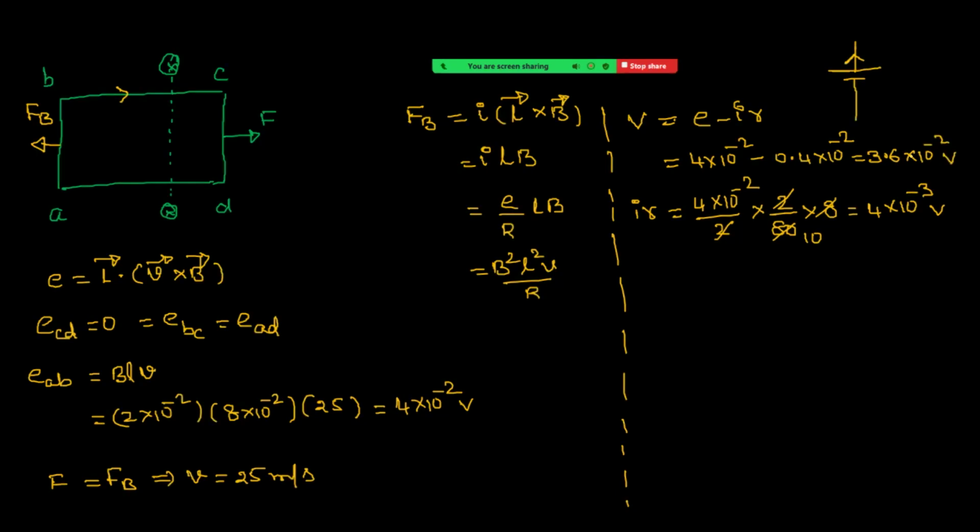That is now the potential difference across AB.